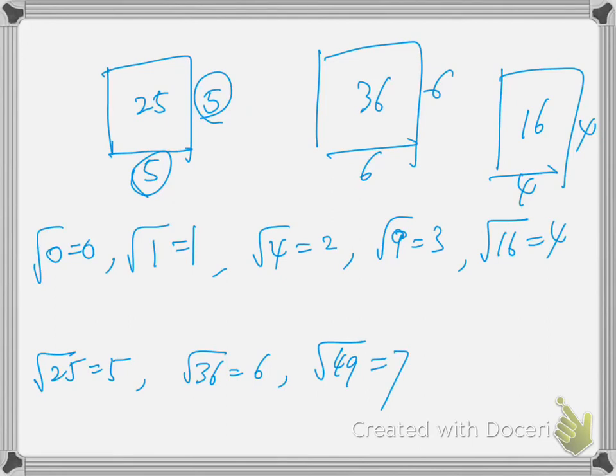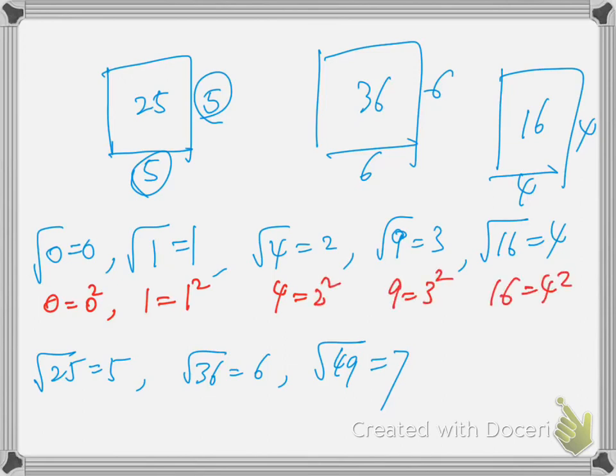The corresponding squares: 0 is 0 squared. 1 is 1 squared. 4 is 2 squared. 9 is 3 squared. 16 is 4 squared. And 25 is 5 squared. 36 is 6 squared. 49 is 7 squared.